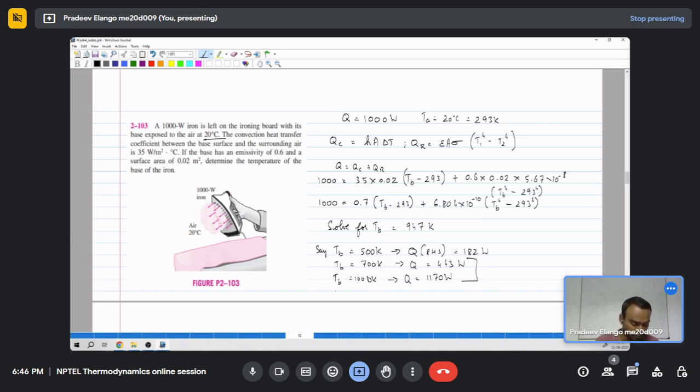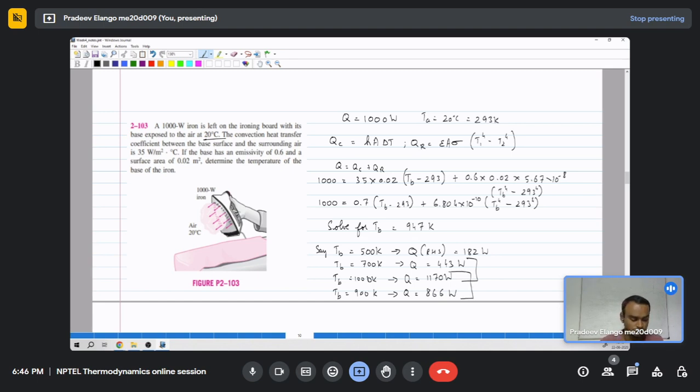Now I can find for 900 Kelvin, then I will get Q as 866. So I know it is between 900 and 1000 Kelvin.